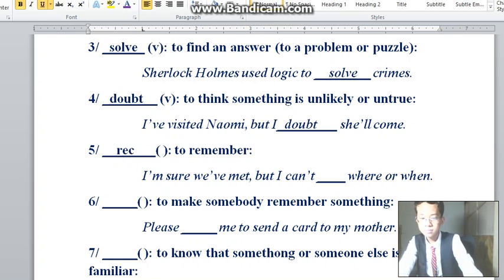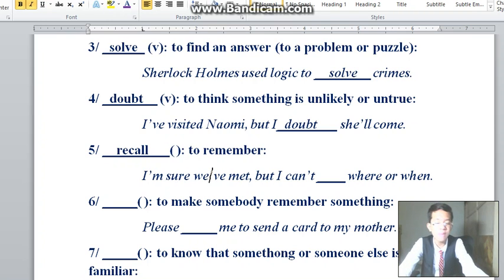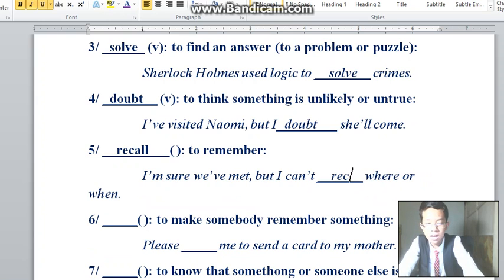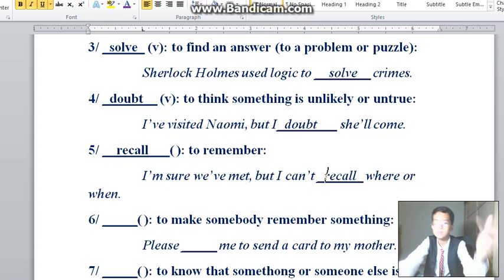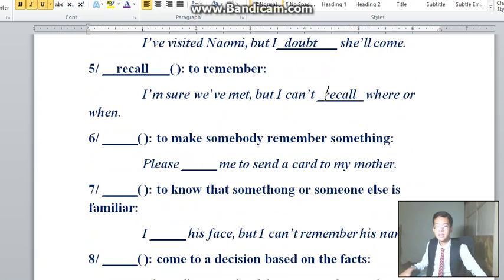I'm sure we have met, but I can't recall where or when. It means I cannot remember where we have met. Okay. Number 6.